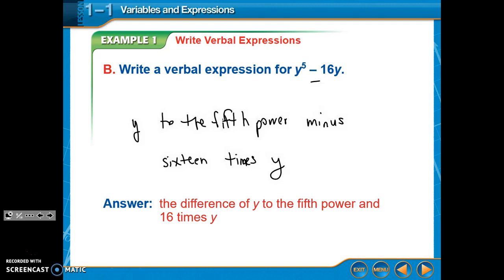Another way you can say this is you can say the difference of y to the 5th power and 16 times y. So instead of saying minus, this is also a difference. So you can say the difference of this thing and this thing.